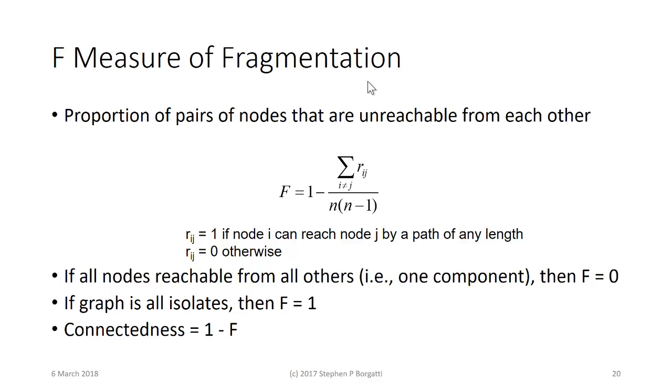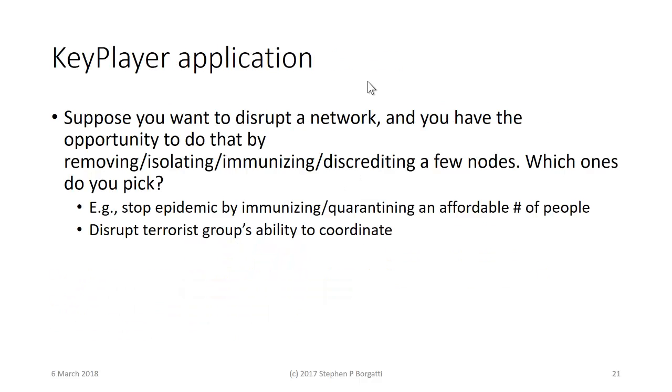So actually the part on the right here is the proportion that can reach each other, and you subtract that from 1, you get the proportion that are fragmented from each other, that you cannot reach from each other. Now, one of the reasons why we care about these kinds of measures is that we might actually be trying to induce fragmentation. So that's what this key player application does. And I think you have key player. We'll see. I think it's downloaded with UCINet. We can try it.